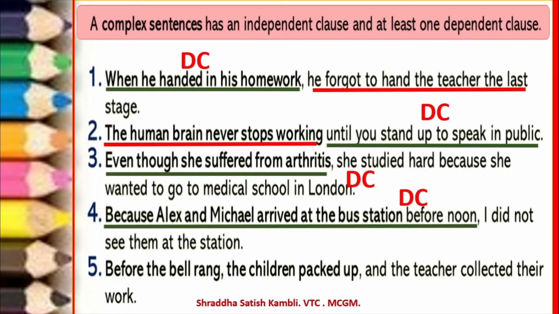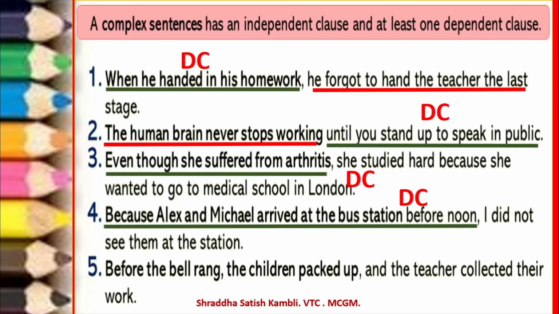Next, before the bell rang, the children packed up and the teacher collected their work. Now remember, when we were discussing complex sentences, even here it is written on top of the page, it has got at least one dependent clause. It can have more than one also.